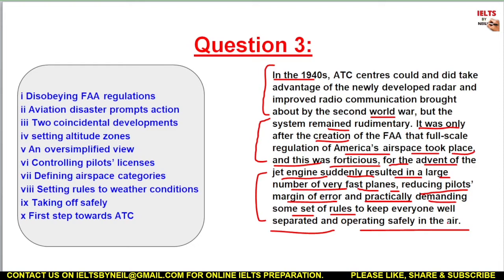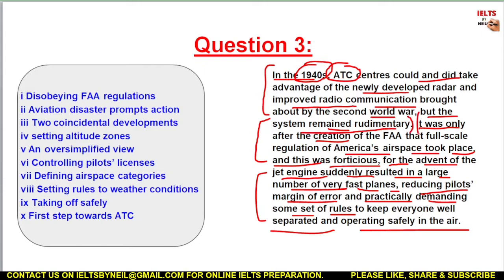What they're trying to say here is that in 1940, ATC used newly developed radar and radio communication systems, but the system was not working properly. Until here it's done.